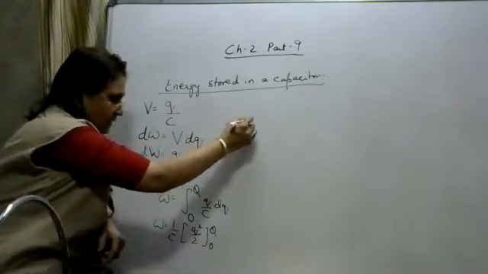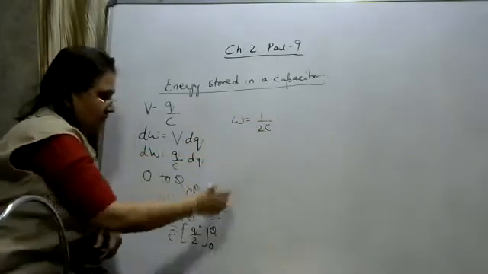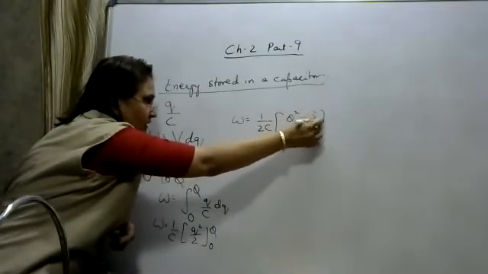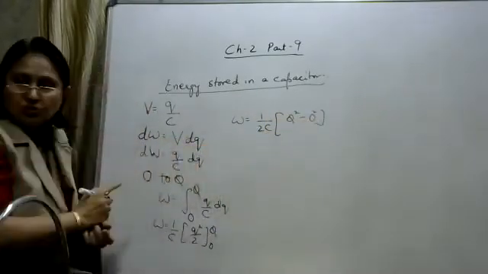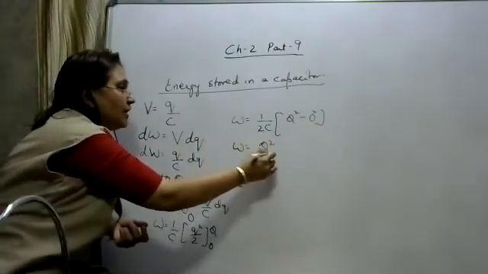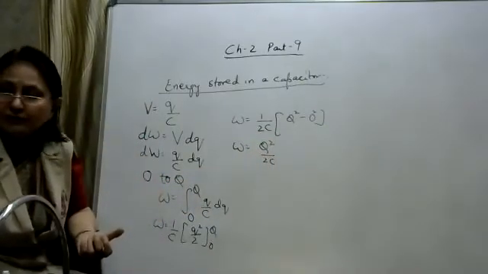So the total work done is equal to 1 upon 2C, Q square minus 0 square. That is, this work done is equal to Q square upon 2C, and this work done is stored in the form of electrostatic energy.